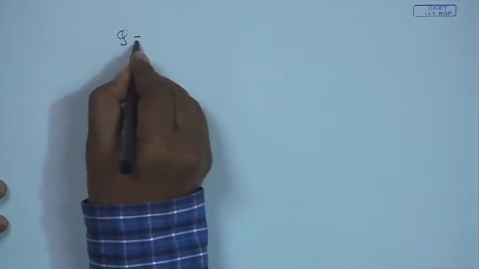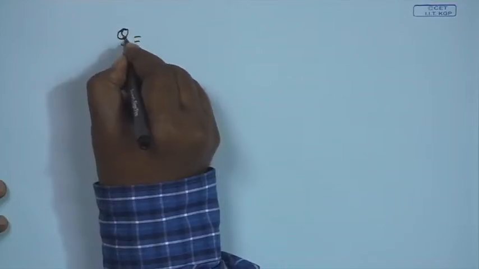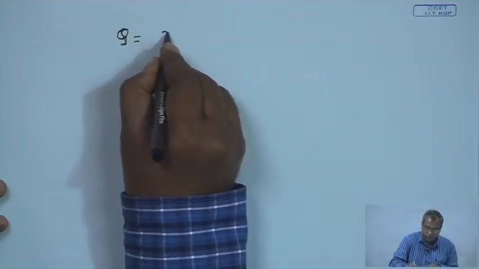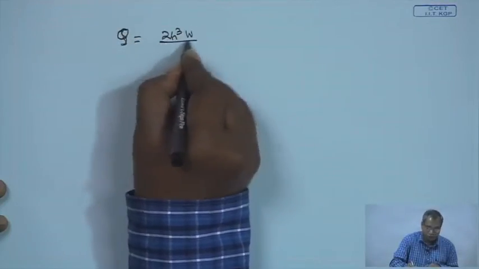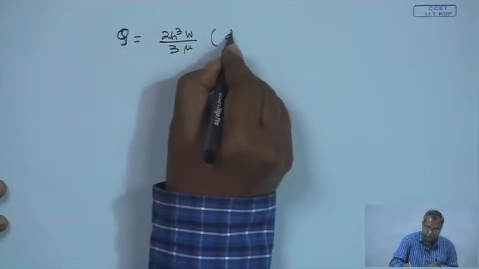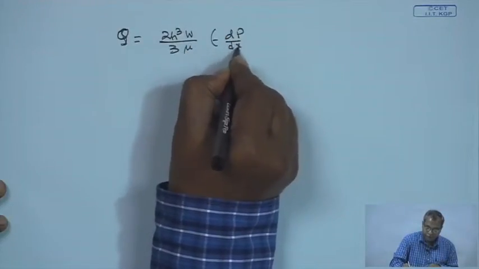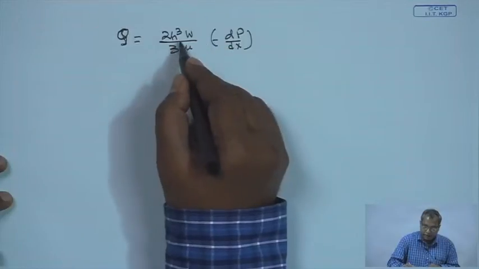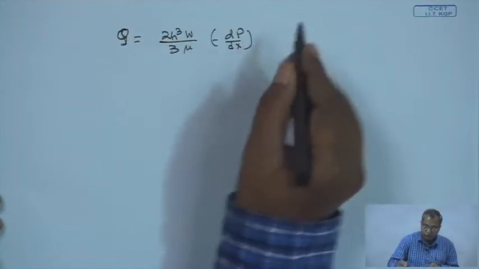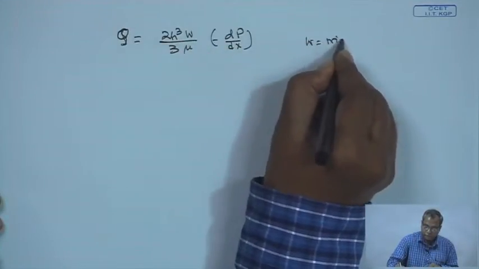then we can write down the famous law of volumetric flow rate under laminar flow condition through the channel, that will be Q equal to 2h cubed W by 3 mu times minus dP dx, where h is the half height, mu is the viscosity of the solution, and W is the width of the channel.